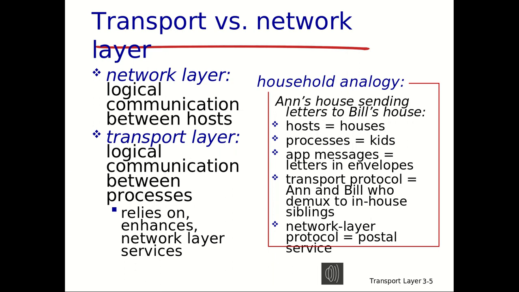The network layer protocol is like a postal service. It identifies the hosts or the addresses of the hosts, and once the letter or the message has been delivered to that particular house or host, it is the job of your transport layer to identify which process it should be forwarded to. So this is a very basic analogy that is used in your book.